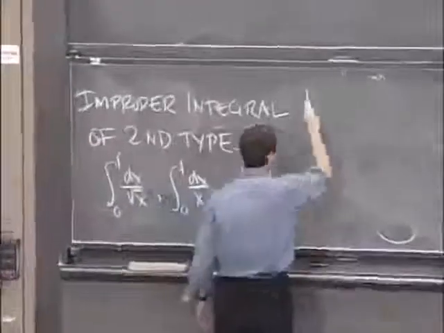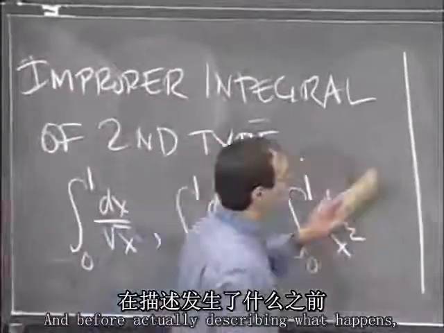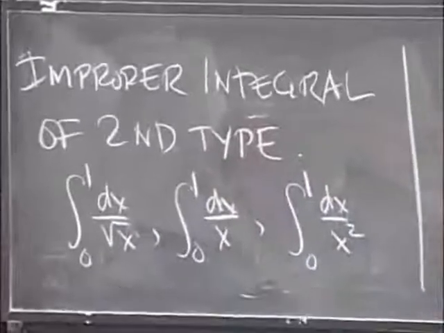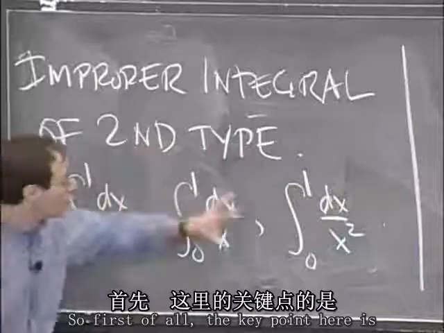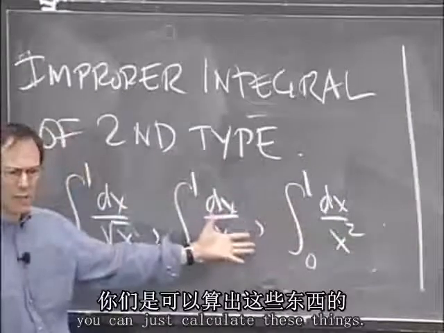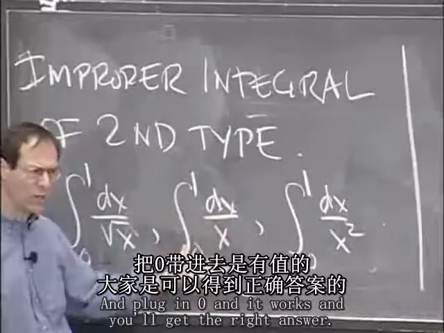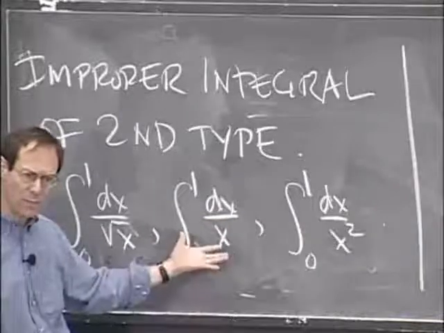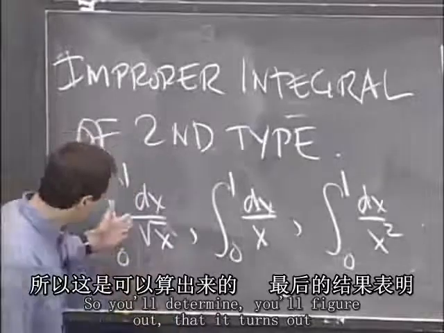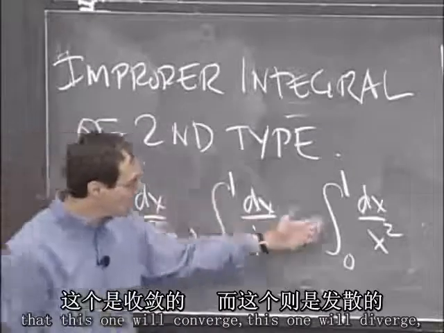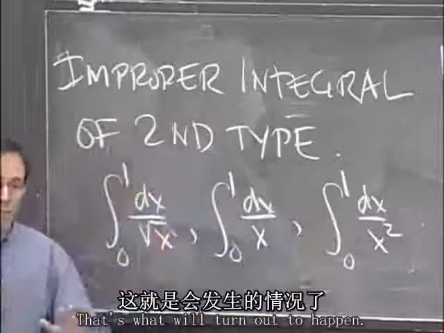And before actually describing what happens, the key point here is you can just calculate these things and plug in 0 and it works and you'll get the right answer, all right? So you'll figure out that this one will converge, this one will diverge, and this one will diverge. That's what will turn out to happen.